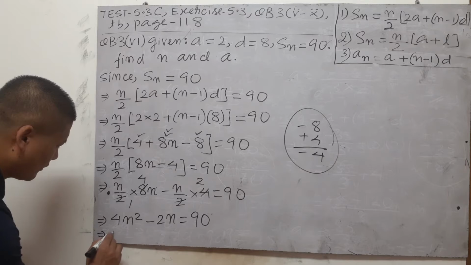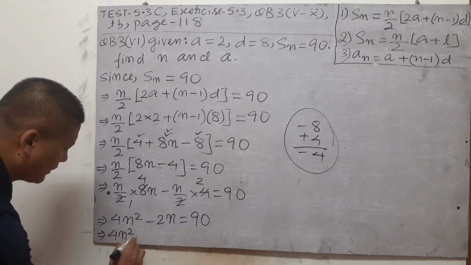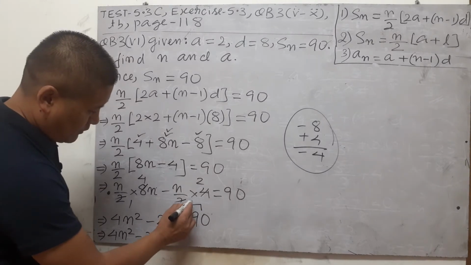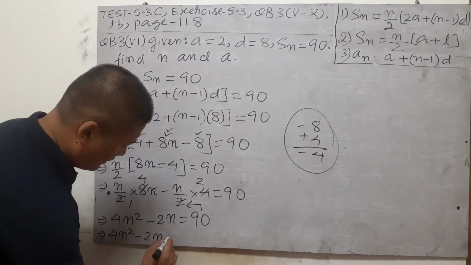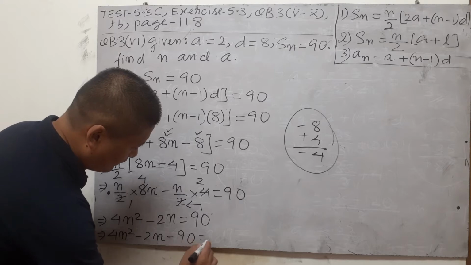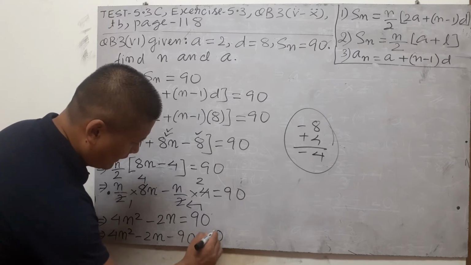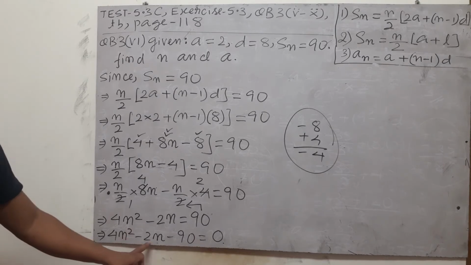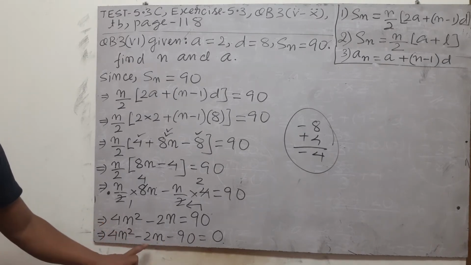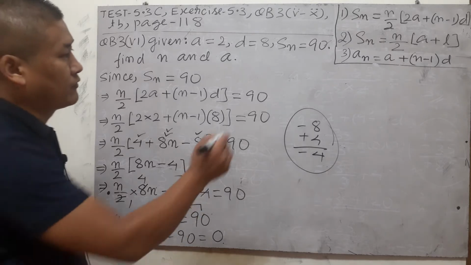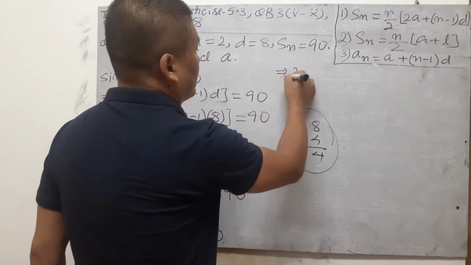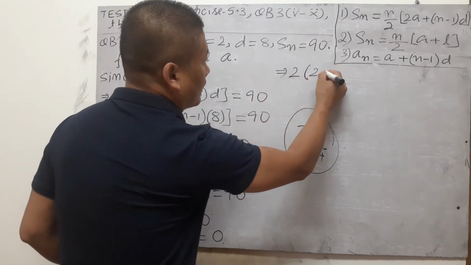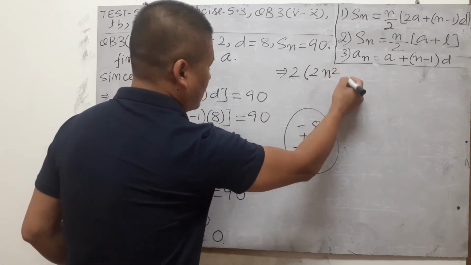And let's bring all the terms to the left side: 4n squared minus 2n. And no sign means plus 90, which becomes minus 90 if we shift it to the left side from the right side. So on the right there is nothing left, so 0. Then we can see here 2 is common to all these three numbers, 4, 2 and 90. So we can take the highest common factor 2 outside the bracket. Then 2 2s are 4n squared.